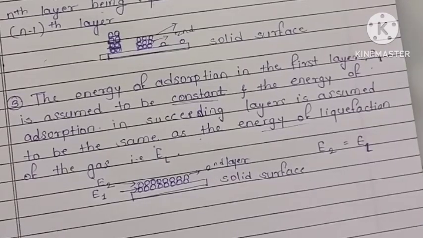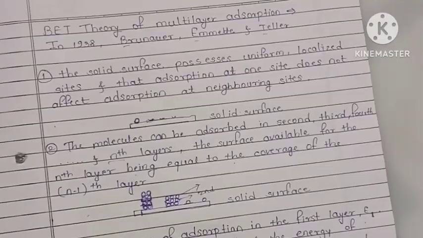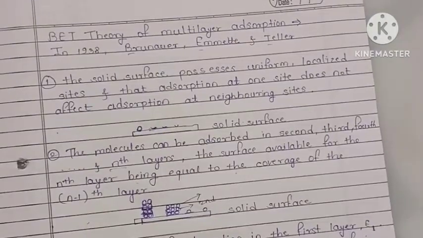Understood these three assumptions? In the first assumption we studied that the solid surface should be uniform and have localized sites, and adsorption at one site does not affect the neighboring site. In the second assumption we studied that molecules can be adsorbed in second, third, fourth, fifth, up to the nth layer, and the surface available for the nth layer equals the coverage of the previous layer.